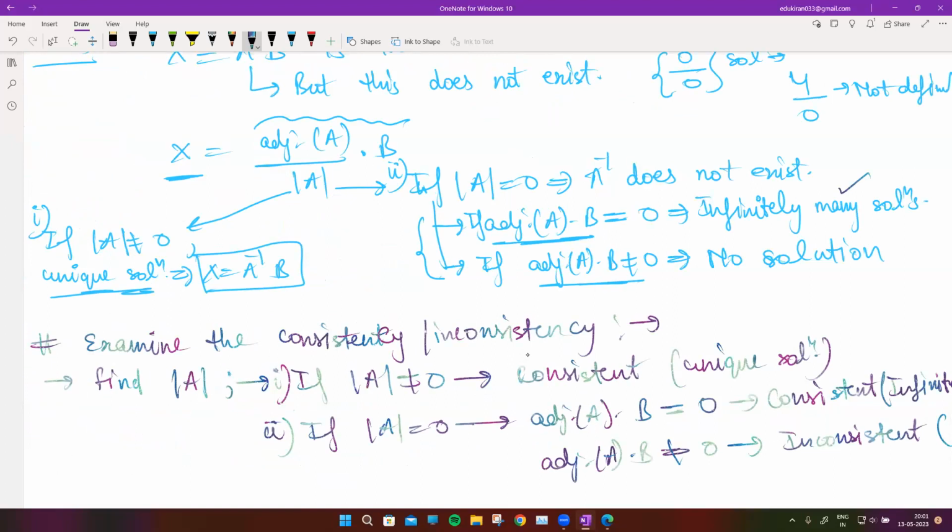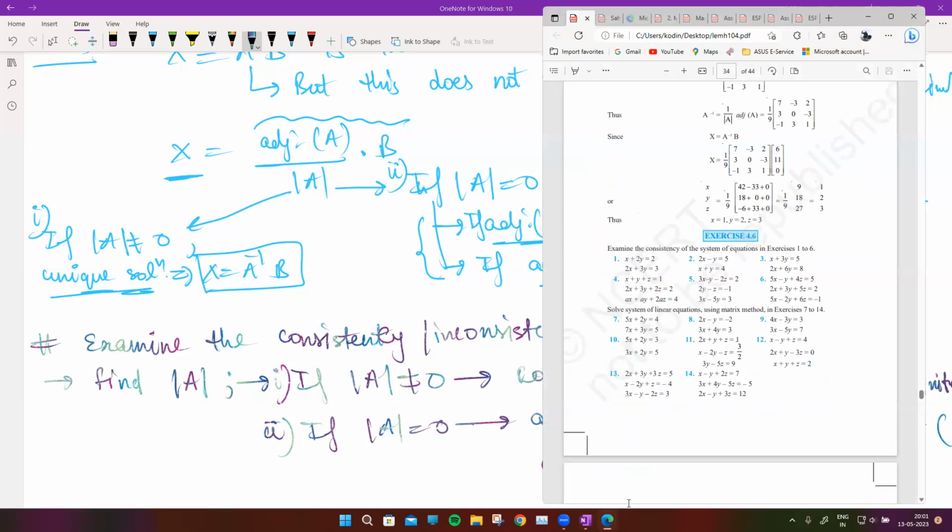If the determinant of A is 0, then you will also have to find the adjoint of A, then the multiplication of adjoint of A with B. If that is 0, consistent; if that is non-zero, inconsistent. Right? That is how we can solve the question. So you'll have to solve the whole exercise 4.6 from the NCERT. We will take your problems in the next class.